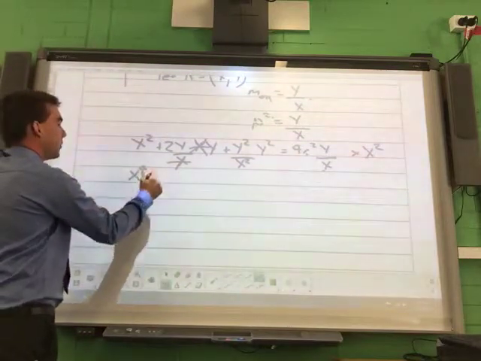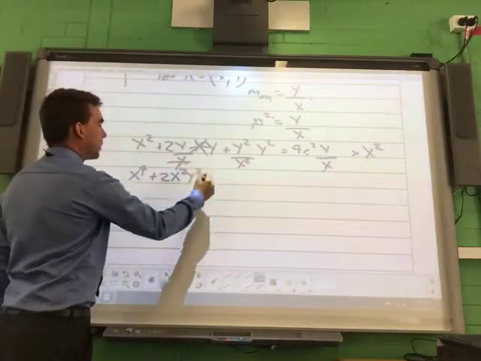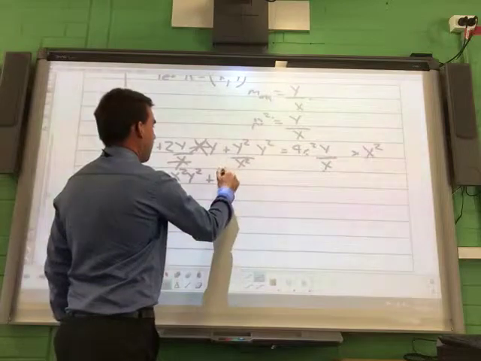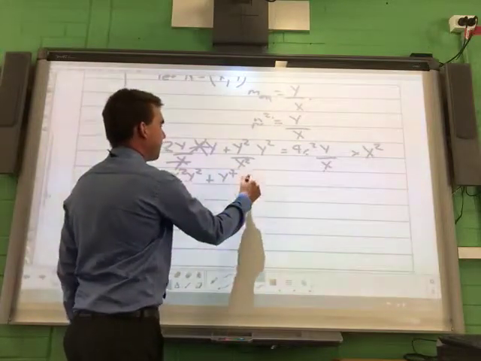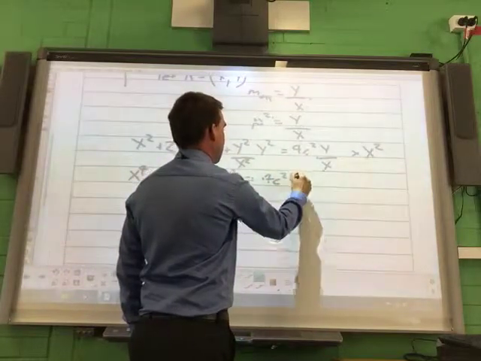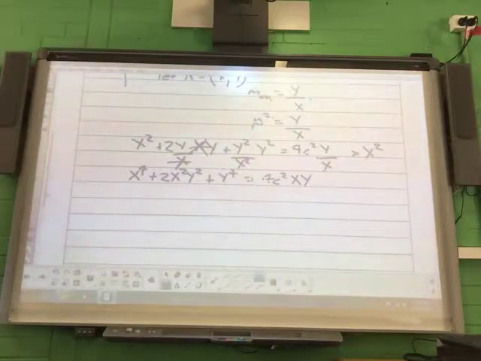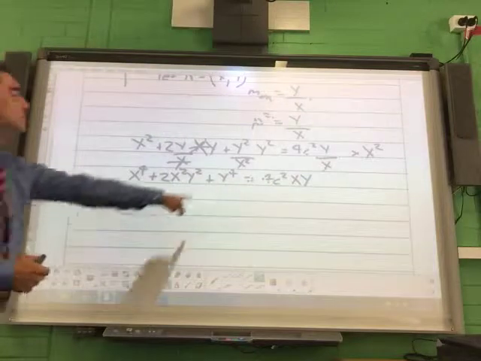So X to the power of 4 plus 2 capital X squared capital Y squared plus Y to the power of 4 is going to be 4c squared XY, capital X, capital Y. Right, can you see a way to simplify the left hand side?